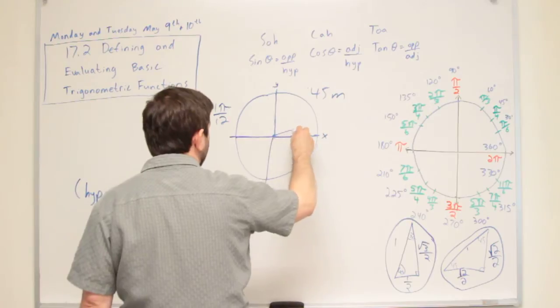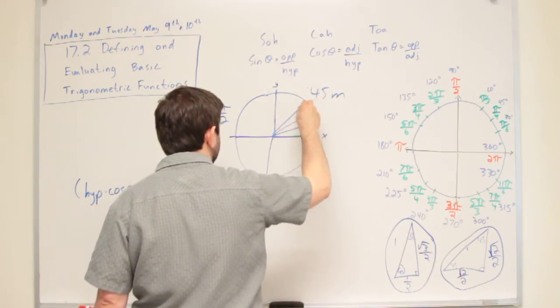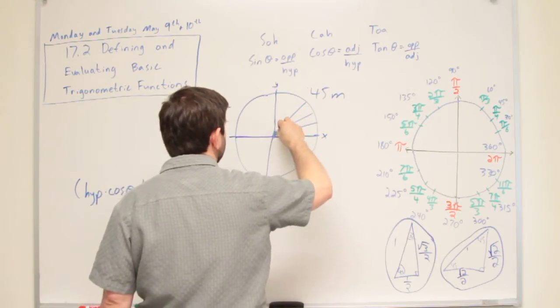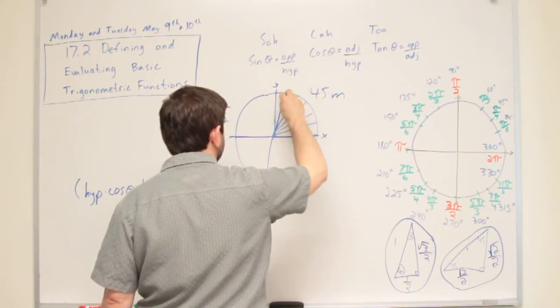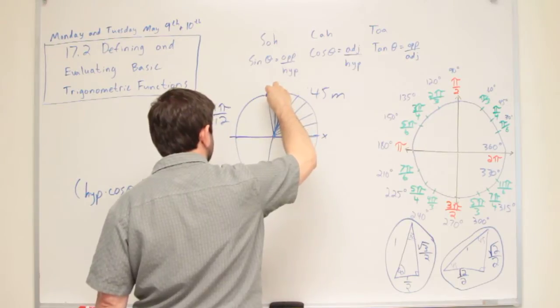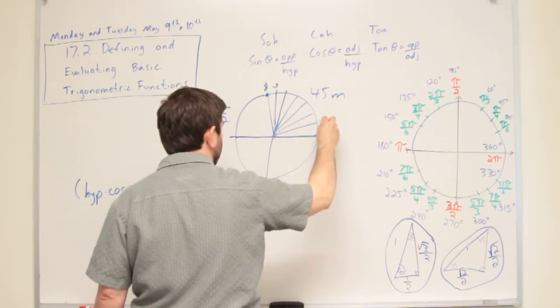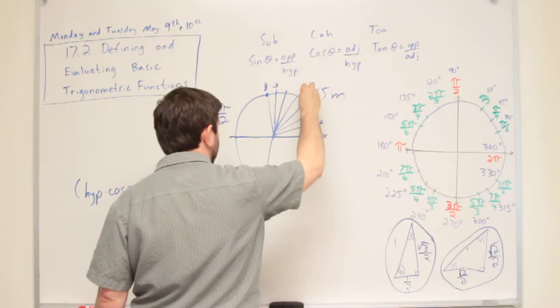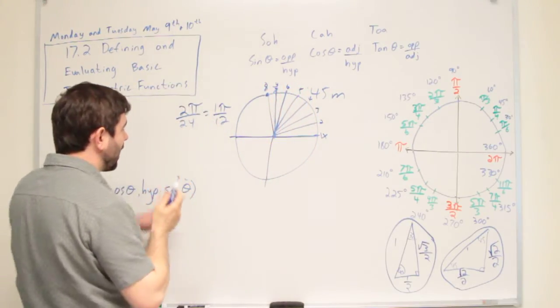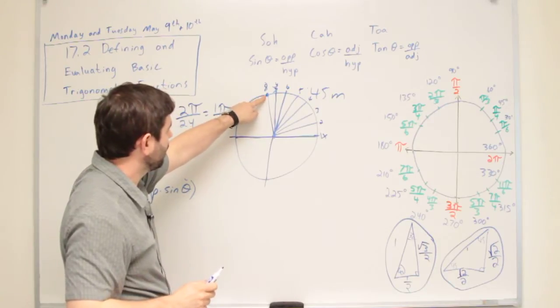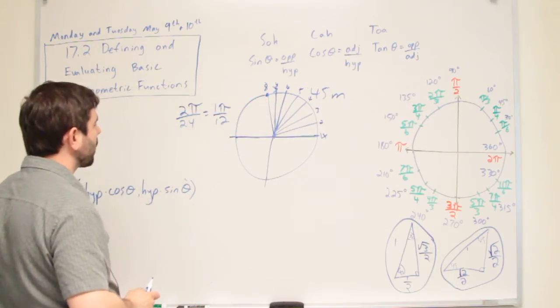And we've got 1, 2, 3, 4, 5, 6, 7, 8. We're asked to find the 8th seat. What's the coordinates of that 8th seat?